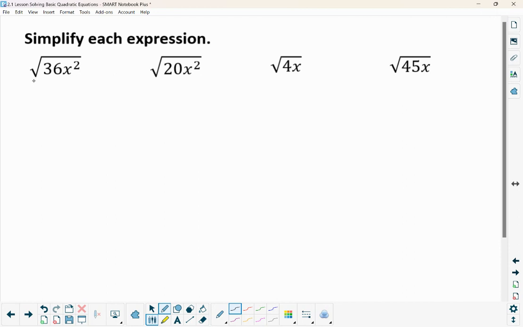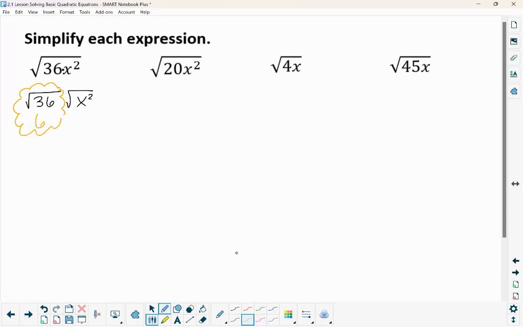So if we are trying to simplify the square root of 36x squared, we're going to think about it as a square root of 36 and a square root of x squared. Again, because the operation here is multiplication, I can separate it that way. Well, in your calculator or in your head, you know that the square root of 36 is 6.